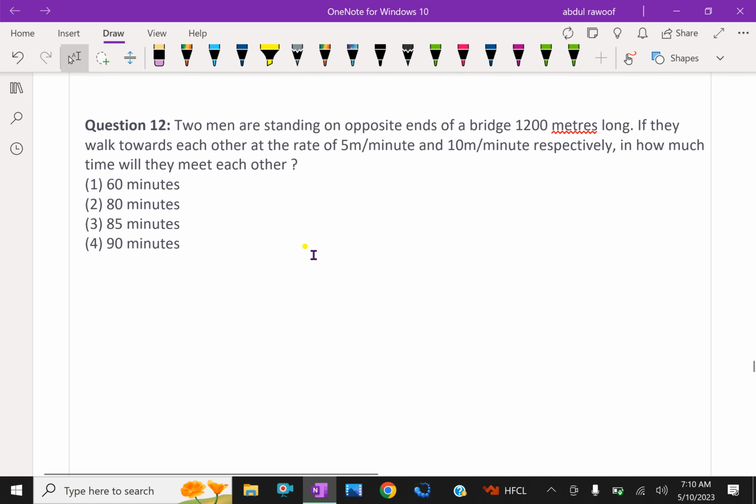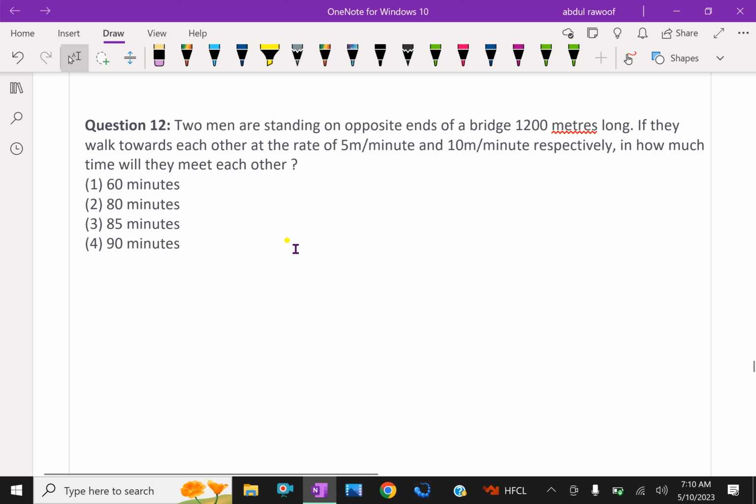Next question. Two men are standing on opposite ends of a bridge, 1,200 meters long. If they walk towards each other at the rate of 5 meters per minute and 10 meters per minute respectively, in how much time will they meet each other?